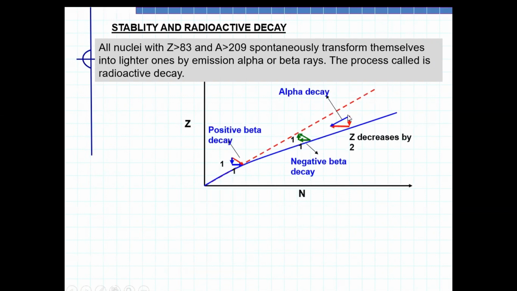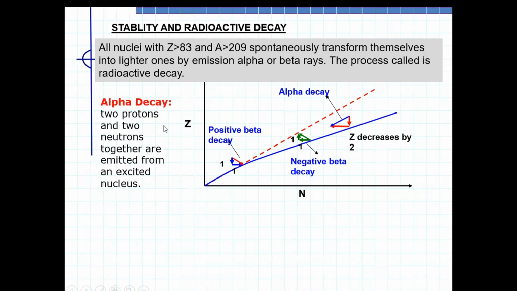So we see here, I've shown the neutrons and the Z number, and the curve is on the lower side as compared to the Z equal to N curve. And this is unstable. But what is going on is that if alpha decay is happening here, then it is decreased.